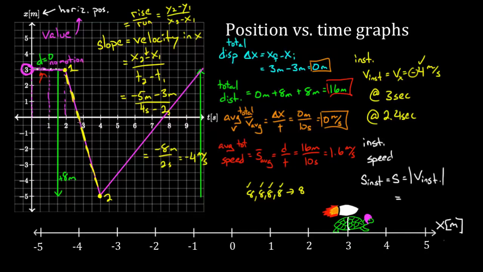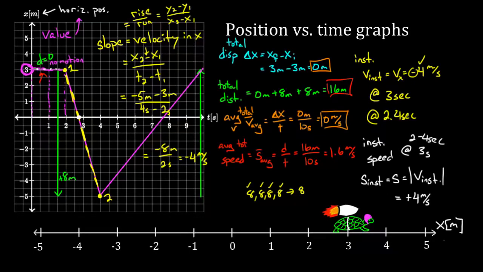The instantaneous speed at this point would have been what? Well, it would have been the absolute value of this, so it would have been +4 meters per second. That would have been the instantaneous speed at 3 seconds, or any time between 2 to 4 seconds, really. Whew, that was a lot. I told you there was a lot in there.